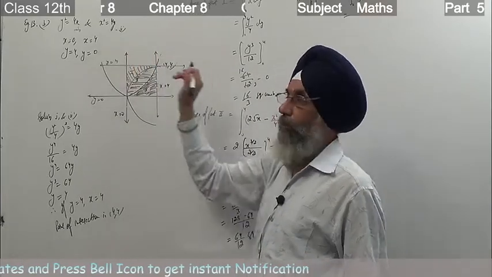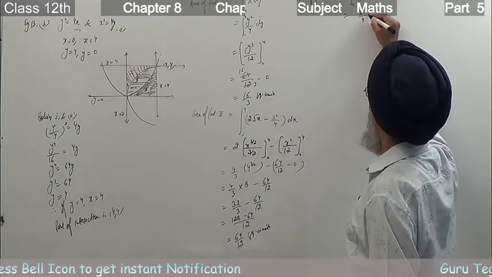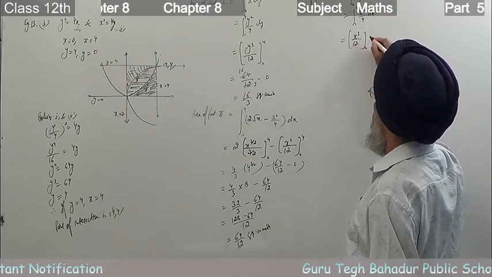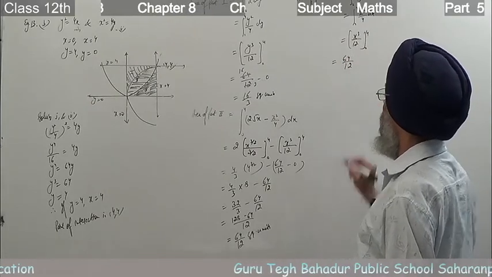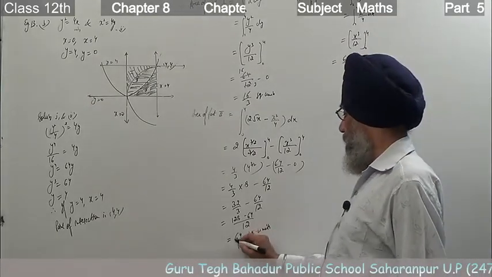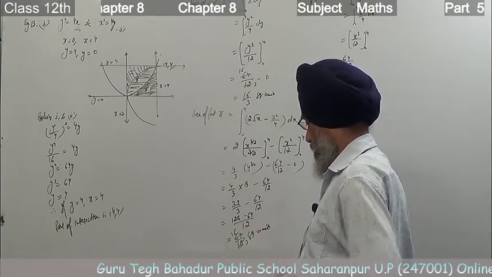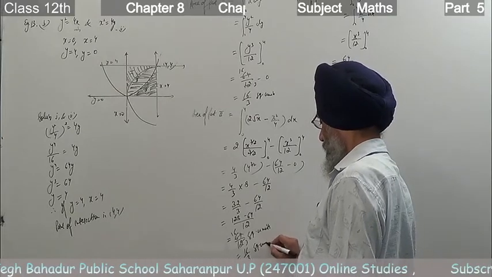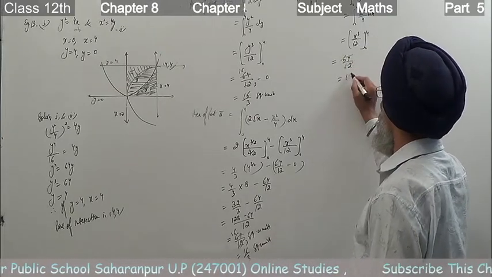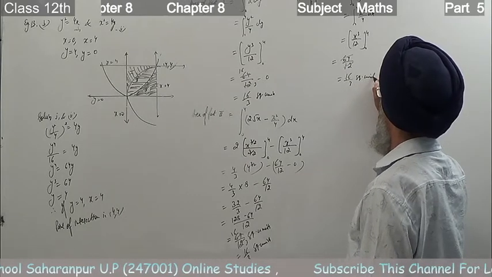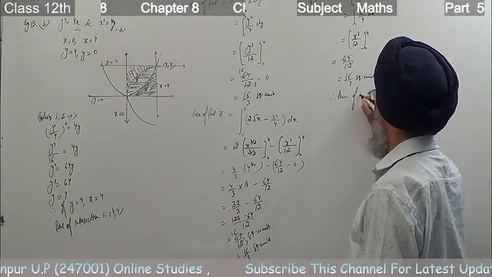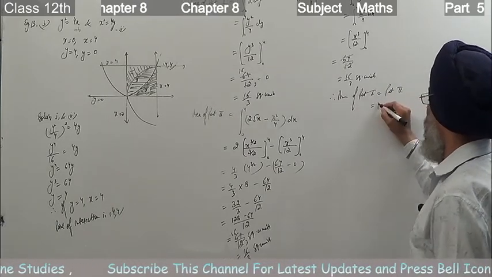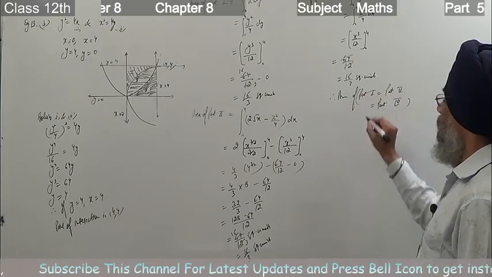This one, the second one, x square upon 4, from 0 to 4, x cube upon 12, 0 to 4, 64 upon 12, that is 16 upon 3 square units. So therefore area of part 1 is equal to part 2 is equal to part 3. That we have to prove here. Okay.